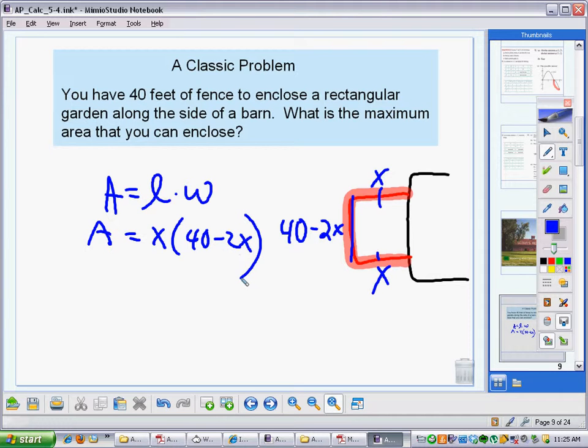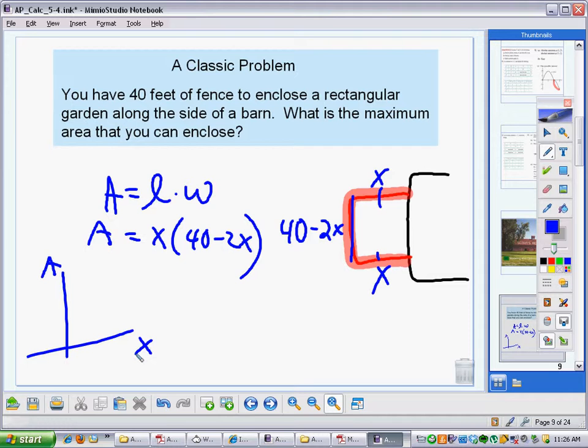Now, if I think about it and I graph my area versus x, the side of the garden, in this case it's x or length or whatever you want to call it, what do you think I'm going to be looking for on the graph?